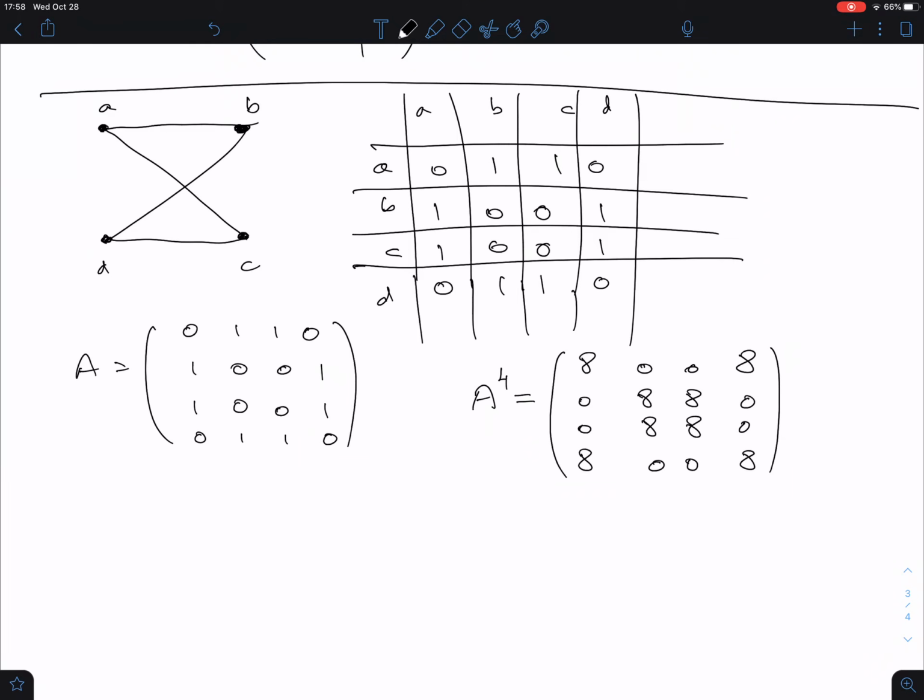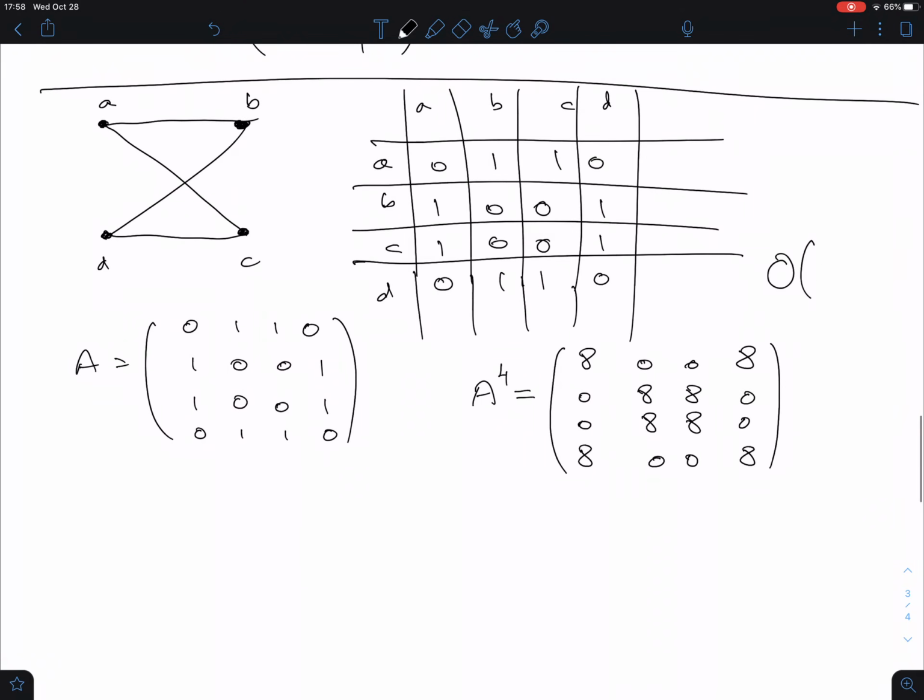Computing A to the fourth involves matrix calculation, which is time consuming. In fact, we discussed this: the complexity is O of n cubed, where n is the number of rows or columns, in this case the number of vertices. So it is 64 calculations here, even though n is 4.